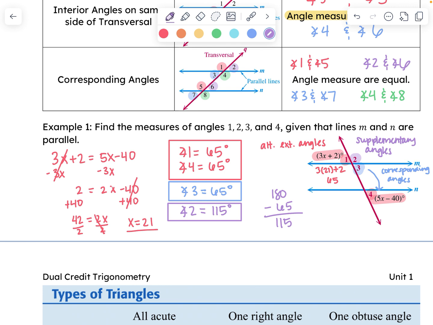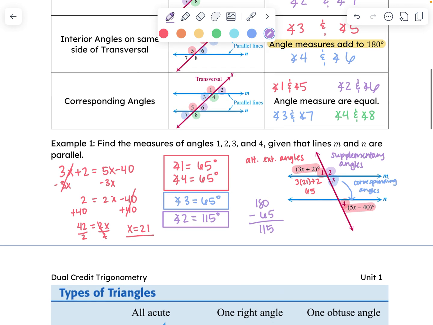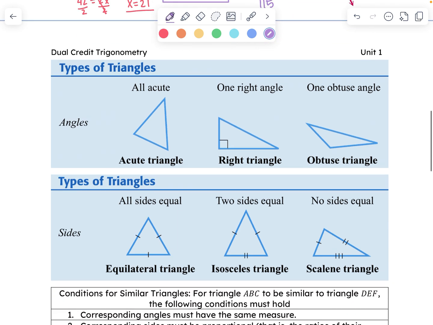Let's switch gears a little bit and let's talk about some triangles. So just a quick refresher from geometry. I know it's been a little bit. When we're talking about triangles, we can label triangles based off of the angles in the triangle or based off of the sides in the triangle. So if I'm looking at angles, if all the angles are acute angles, then it's going to be an acute triangle.